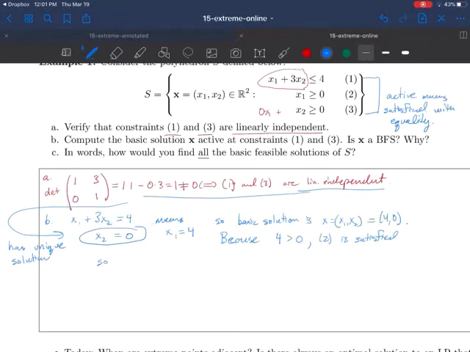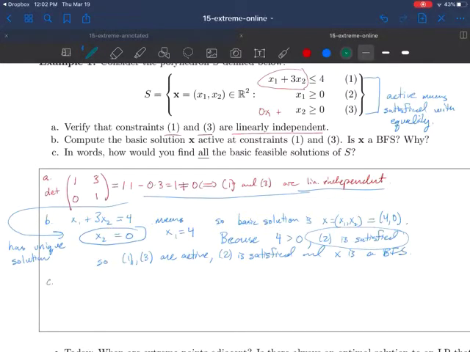So 1 and 3 are active, 2 is satisfied, and x is a basic feasible solution because everything is satisfied. Okay, so I was a bit redundant there. You don't need to write all of that. If you knew that you calculated the active constraints and then you just have to check the other constraint here, this was the important bit, we know that it's a basic feasible solution.